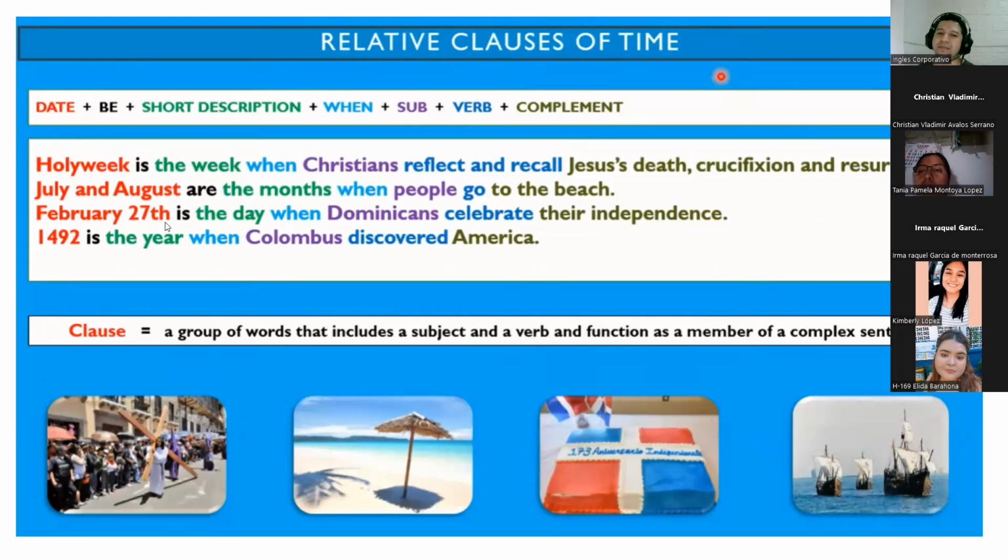These are some examples that we can do. Remember that a clause is a group of words that includes a subject and a verb and functions as a member of a complex sentence. So if you follow this order, si siguen este orden, así van a poder escribir ustedes las cláusulas relativas de tiempo, or relative clauses of time.